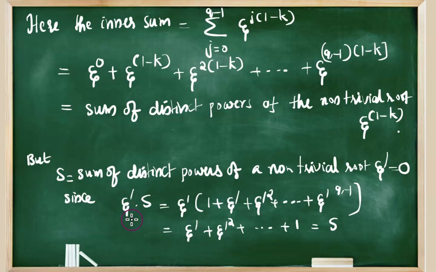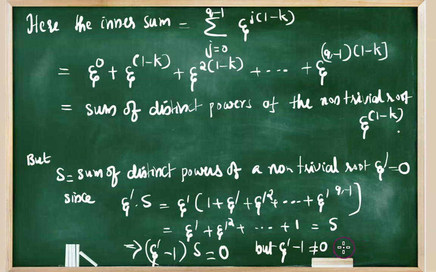So we have obtained that zeta dash into S is equal to S itself, which implies that zeta dash minus 1 into S is equal to 0. But we know that zeta dash is a non-trivial root. So zeta dash minus 1 cannot be equal to 0. Therefore, the only possibility is that S is equal to 0.